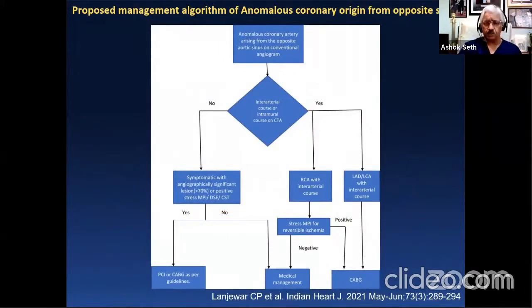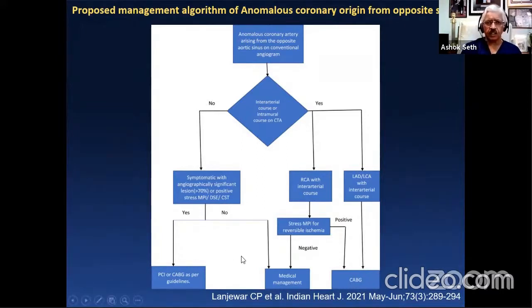Now, we follow this principle in India, and this is the Indian consensus document, which says: anomalous coronary artery arising from the opposite sinus on a conventional angiogram as an incidental finding, look for an interarterial course or intramural course. These are considered the anatomic indicators of high risk.